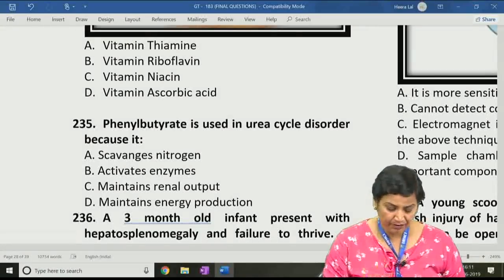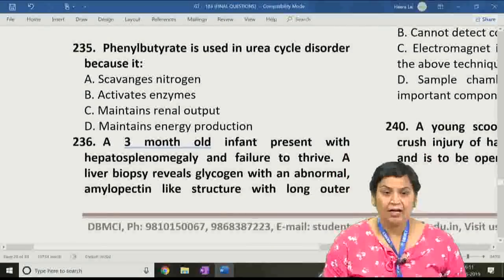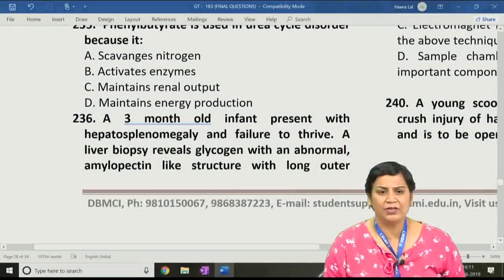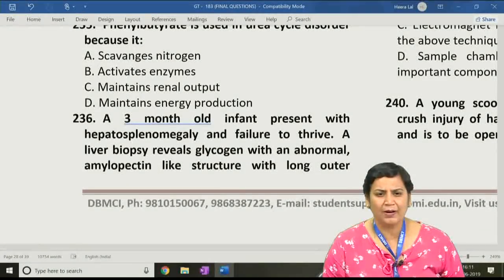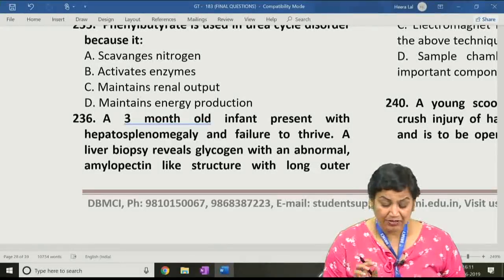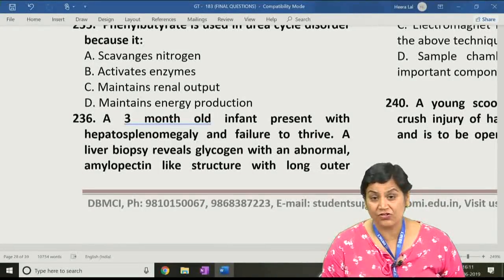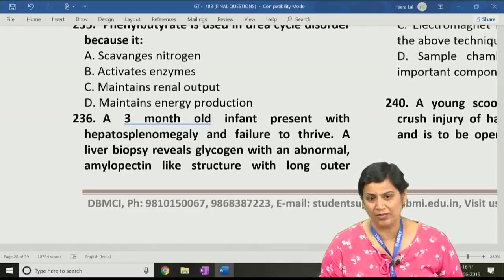Then next question is, a 3-month-old infant presents with hepatosplenomegaly and failure to thrive, a liver biopsy reveals glycogen with an abnormal amylopectin-like structure. Now see, glycogen is what?